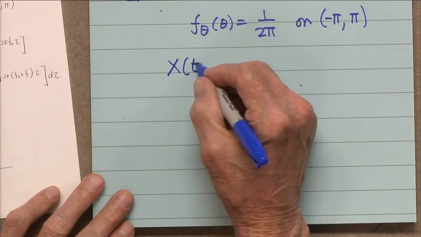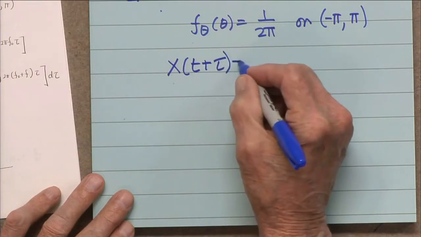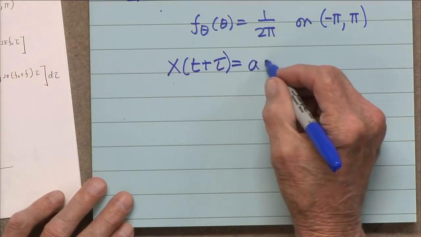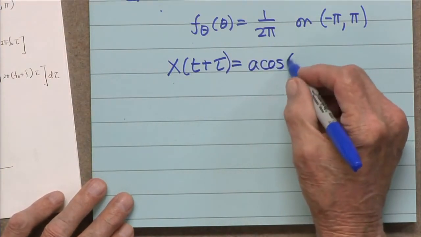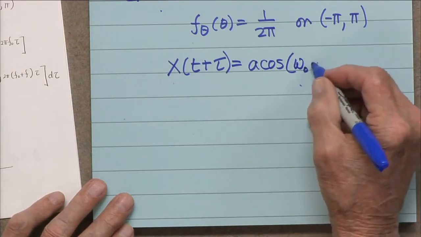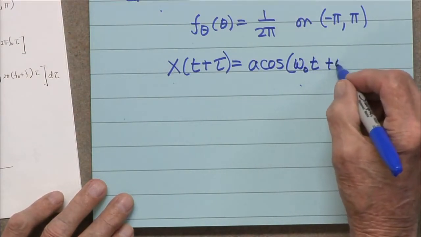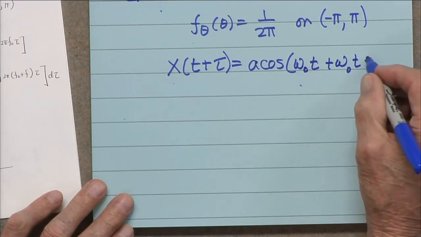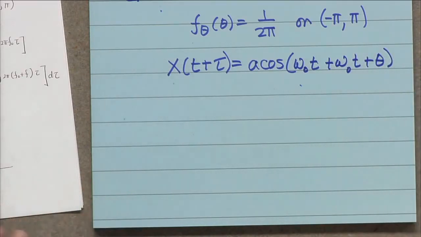x of t plus tau is a cosine omega 0 t plus omega 0 tau plus theta.